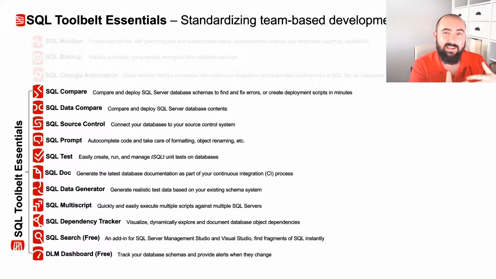As I said earlier, I tend to think of it as the foundation for implementing a DevOps program. Standardize the way that your developers are working with the database before building on top of that with, say, automation. So there's a lot of tools that form part of that tool belt. There's a lot of value there, but SQL Prompt, SQL Source Control are definitely the places I begin with.